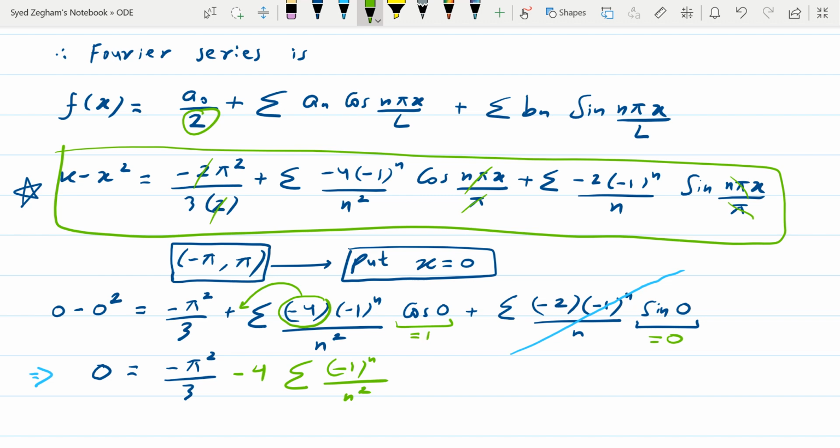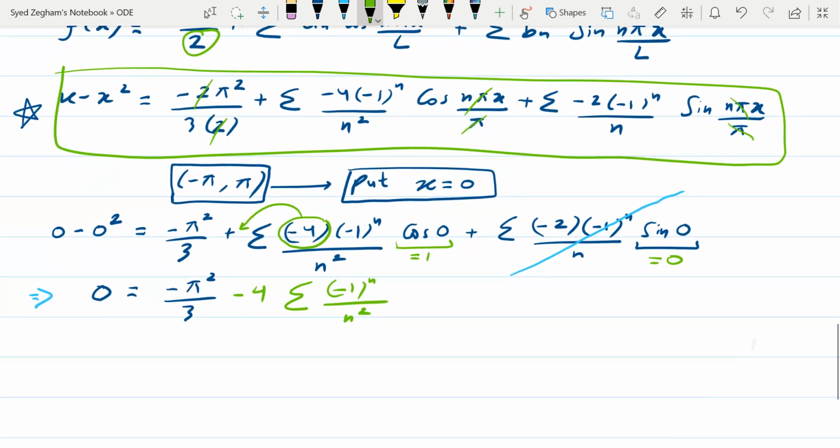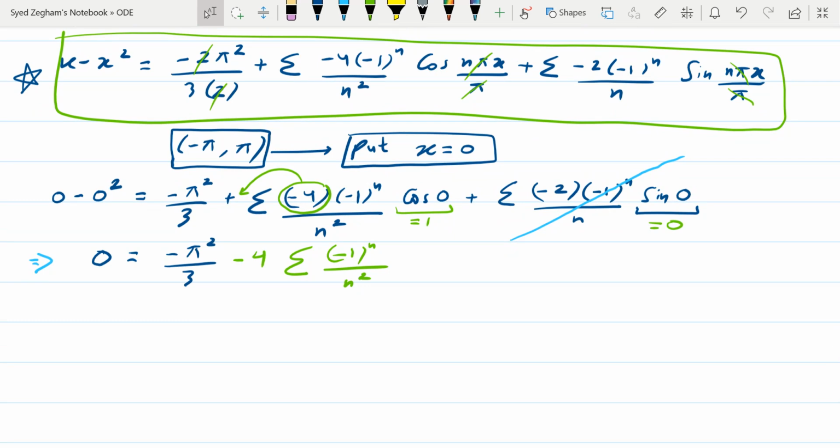So this will be multiplied by 1, so that will remain same. This implies this part, minus pi square by 3, you can shift it to the left hand side. So this becomes plus pi square by 3. And here you have minus 4.